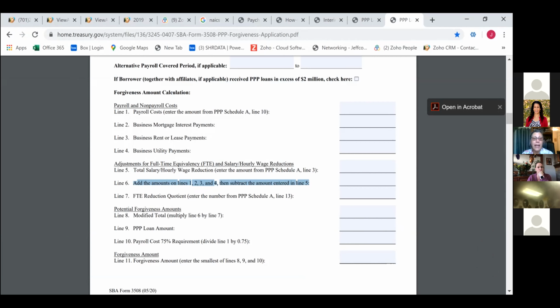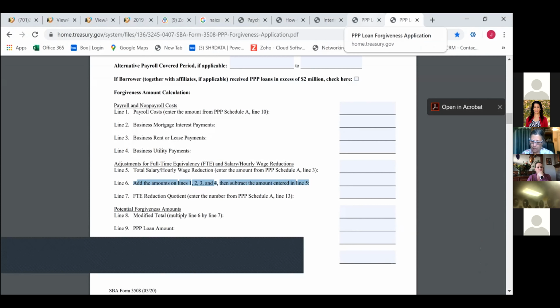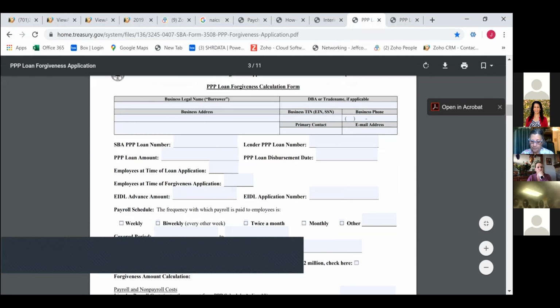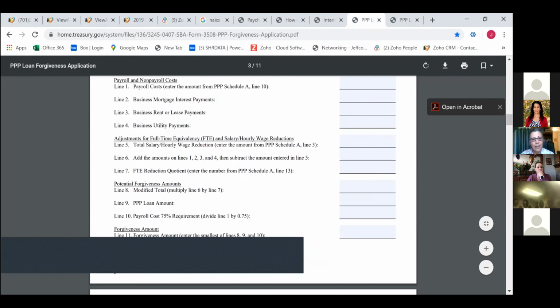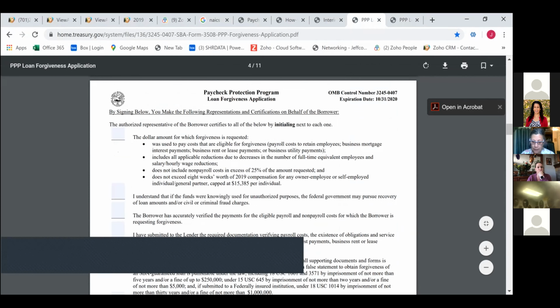All right, then we get to full-time reduction quotients. Look at line 13, there it is, thank you. Line 13.